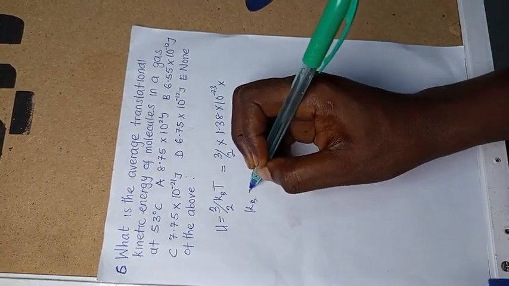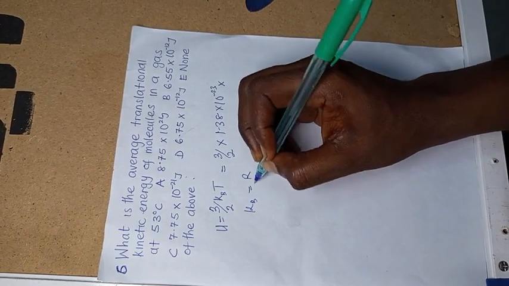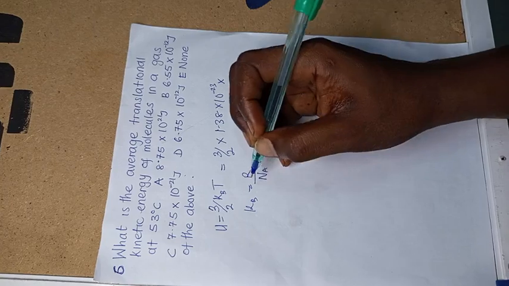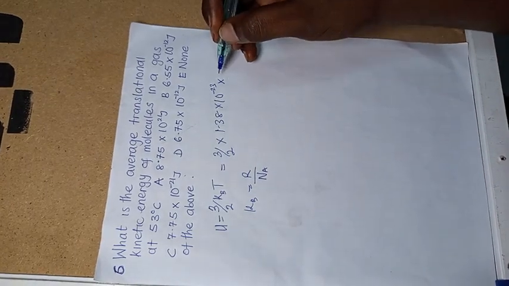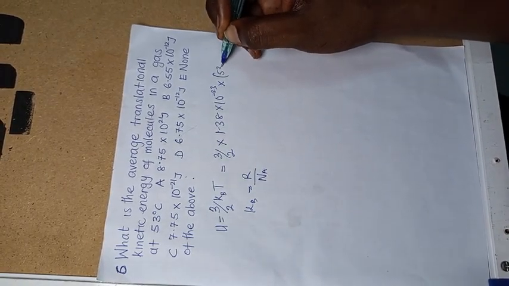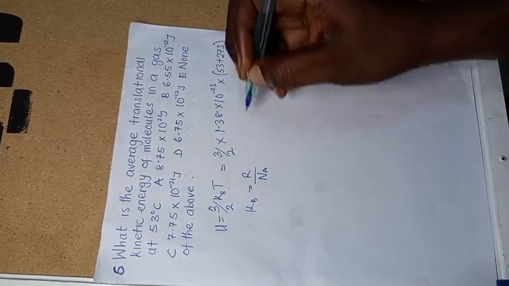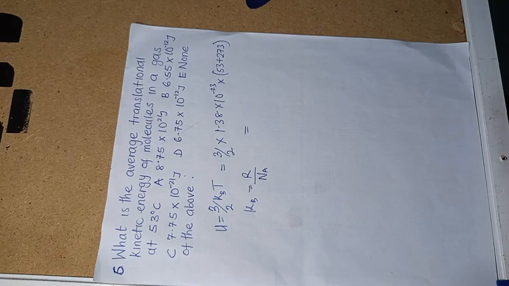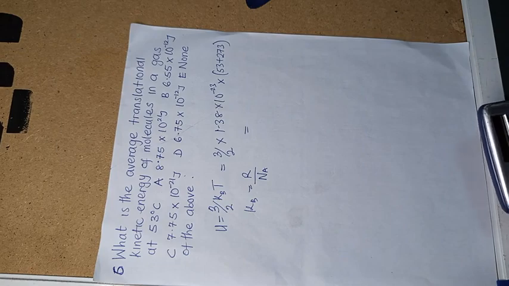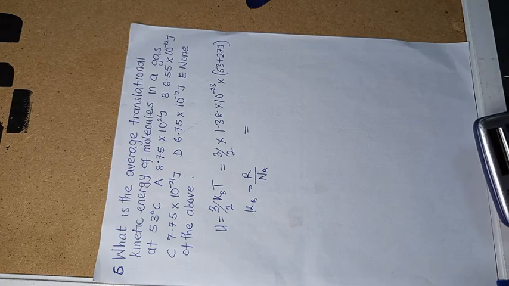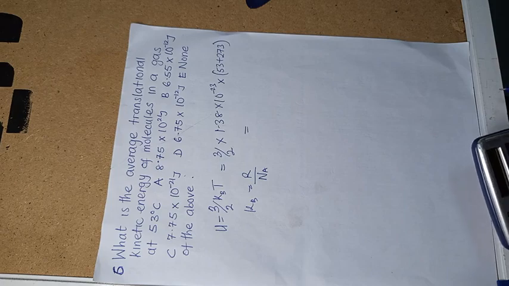Don't forget, kB can be gotten by R over Avogadro's number. That is your kB, times temperature in Kelvin, which is 53 plus 273. So what we want to have now is 1.38 times 10 power minus 23 times 53 plus 273, times 3 divided by 2.